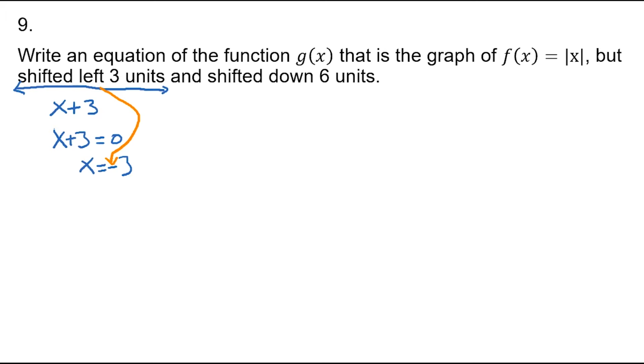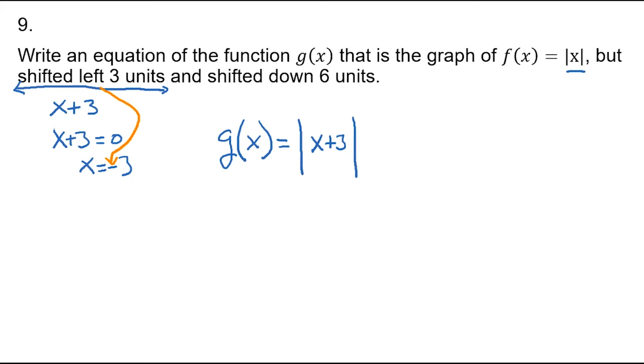So when you look at g of x, the original function started off as absolute value of x, but in this case, because I'm shifting it to the left, I'm going to have x plus 3. All right.